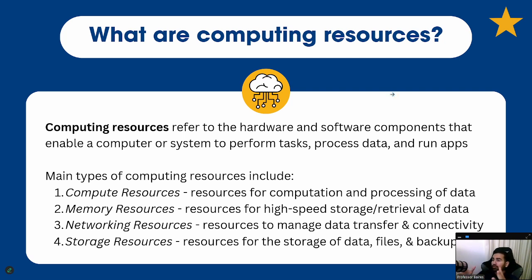So we have compute resources. That's resources for computation and processing of data. We also have memory resources, which are somewhat intertwined, but not to be confused with each other. This is for high speed storage and retrieval of data. We'll make the distinction between computation and memory in some of the future slides. And then, of course, we have networking resources.